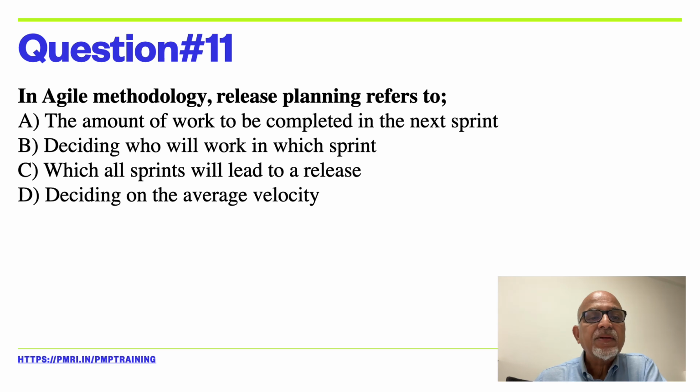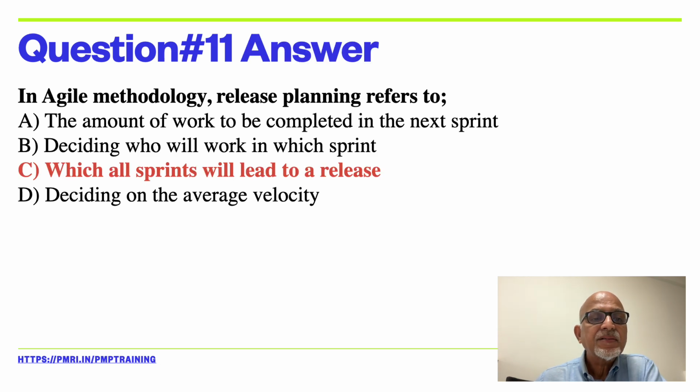In Agile methodology, release planning refers to the amount of work to be completed in the next sprint, deciding who will work in which sprint, which all sprints will lead to a release, or deciding on the average velocity. So the correct answer is which all sprints will lead to a release.